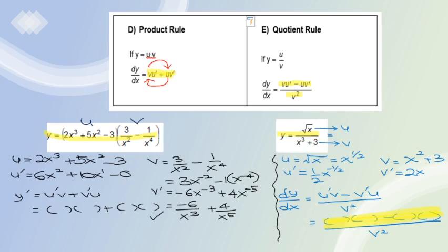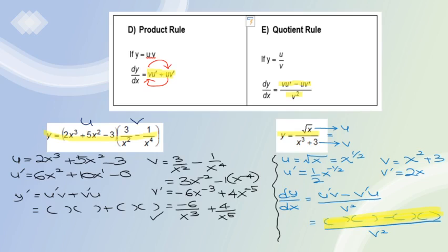Okay, for this one, quotient rule, so u over v. This one is u, the bottom is v, so u equals to square root x.